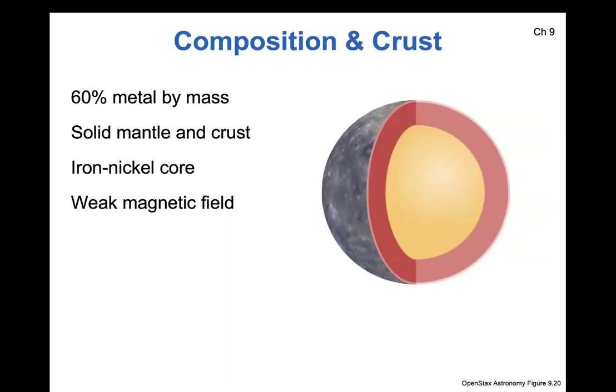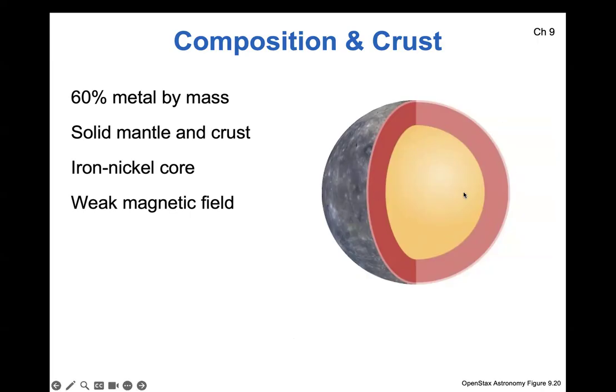The composition is a lot more metal than other planets. Notice that this cross section of the planet shows the core, much as we saw the core of Earth, and it's a lot bigger. So Mercury is like a stone fruit with a really big core, more of a peach than an apricot, because it's got this proportionally large core.